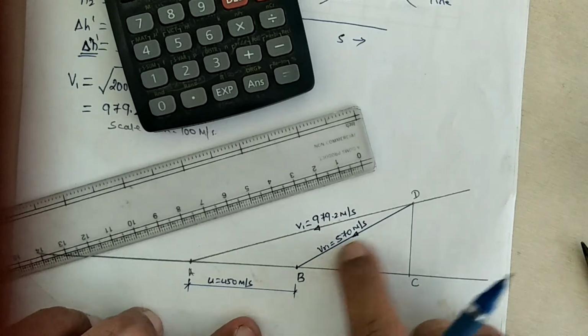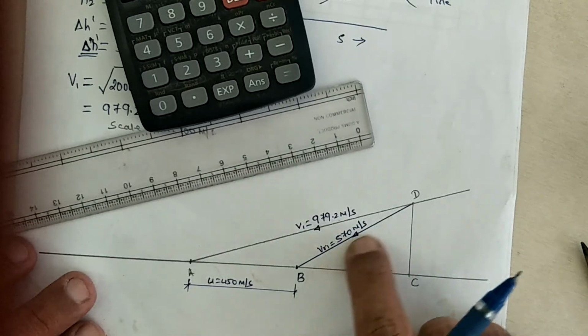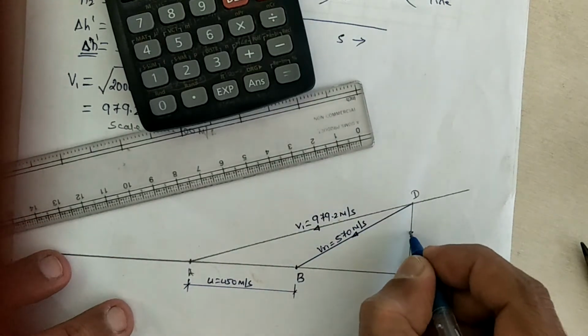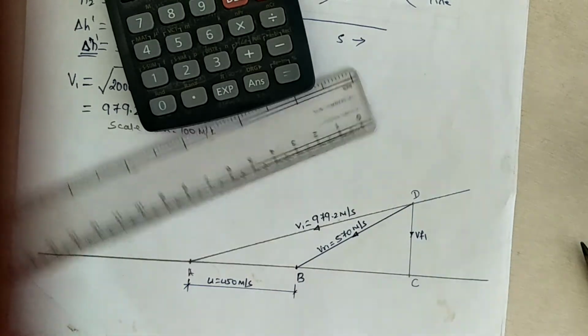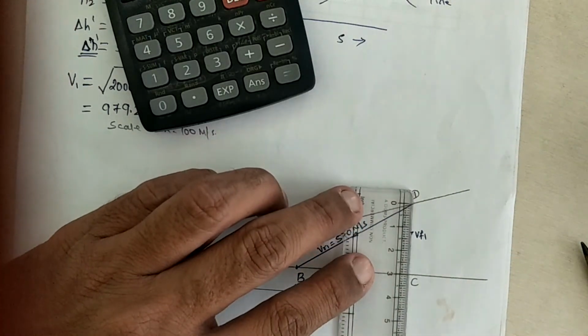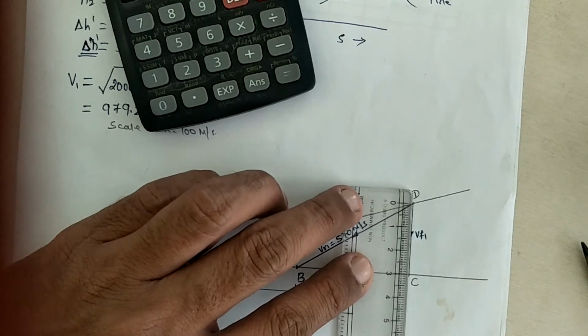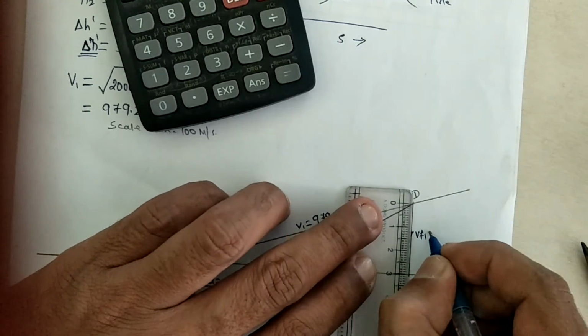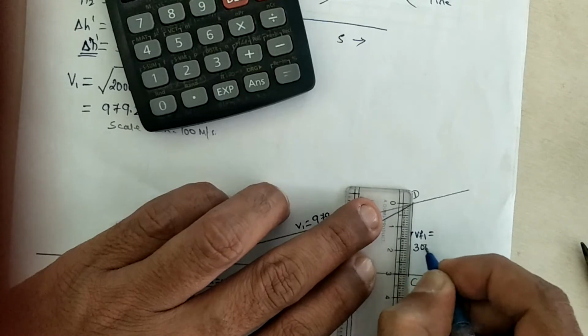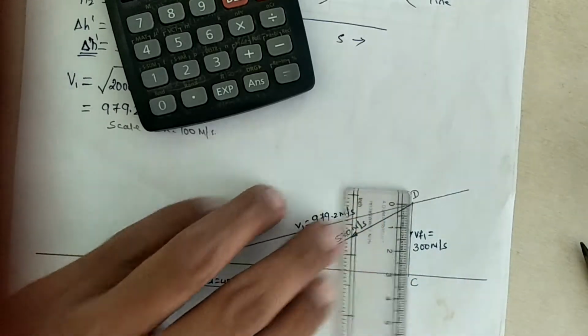This is the magnitude I am representing. Similarly VF1: the vertical distance, that is CD, is exactly 3 centimeters. So 3 centimeters into 100 will be 300 meters per second.